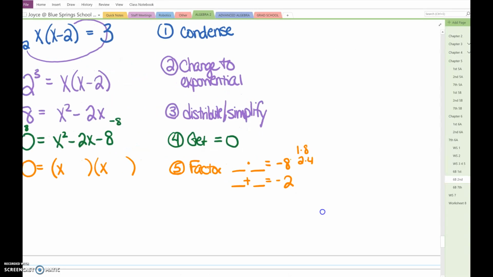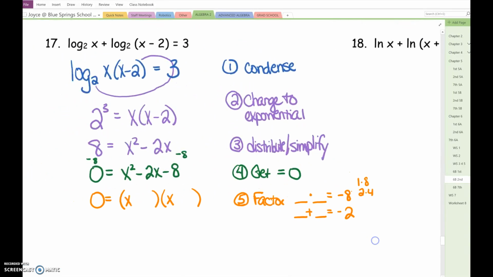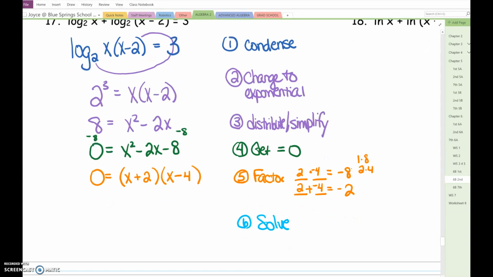To get -2, we would have to do 2 and -4. So x plus 2, x minus 4. And then we need to solve. If our factored form is x plus 2, x minus 4, our solutions are -2 and +4.